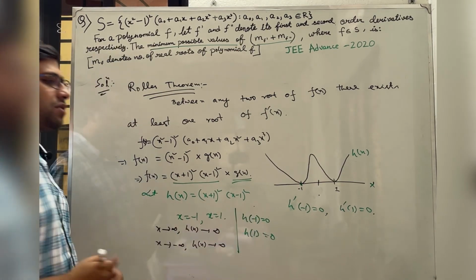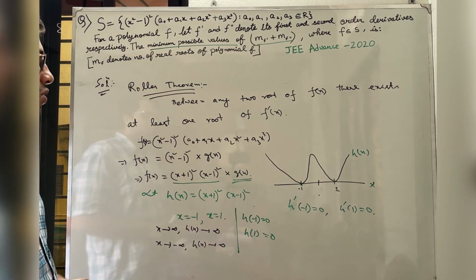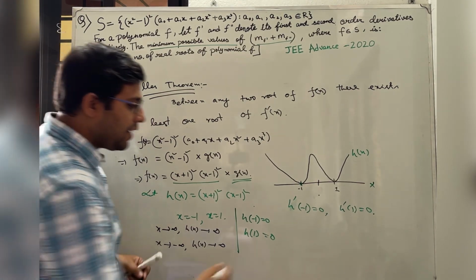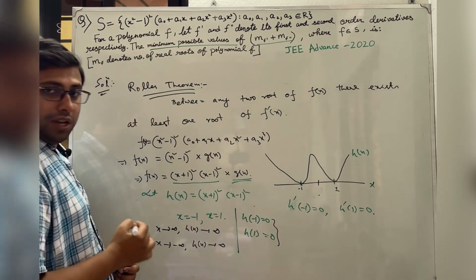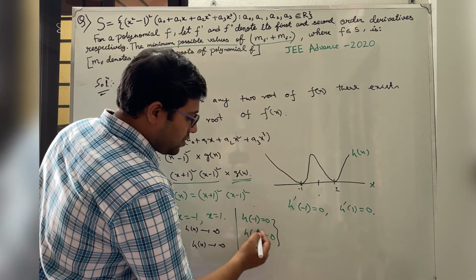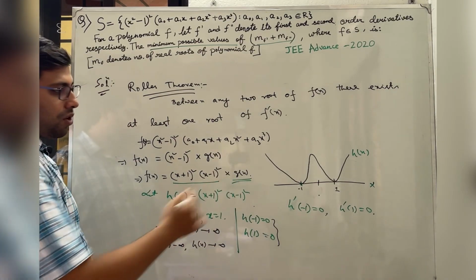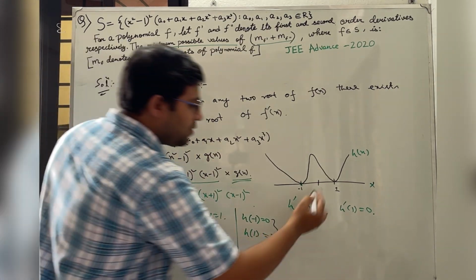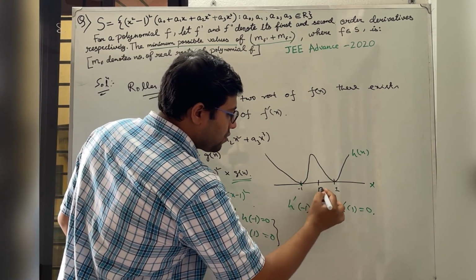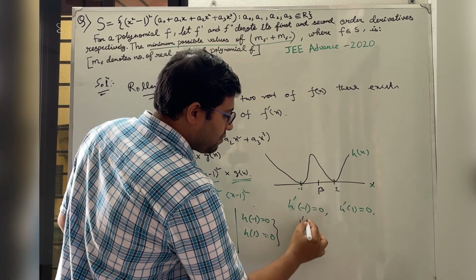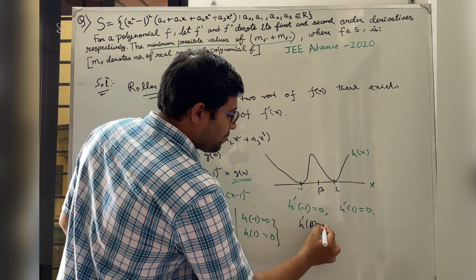So between minus 1 and plus 1 we also have a root of h dash x, and in this case we apply Rolle's theorem, because minus 1 and plus 1 are roots of h(x), so between these two points we will have a point beta where h dash beta is 0.